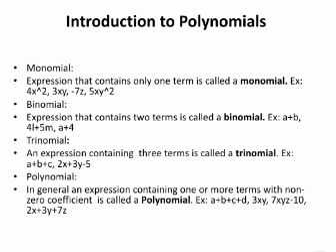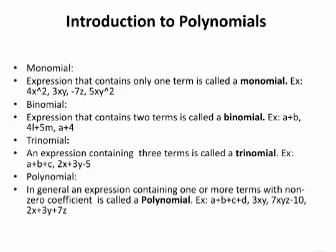Next, introduction to polynomial. Polynomials can be classified into types: monomial, binomial, trinomial, and polynomial. What is a monomial? If the expression consists of only one term, then that expression is called a monomial.